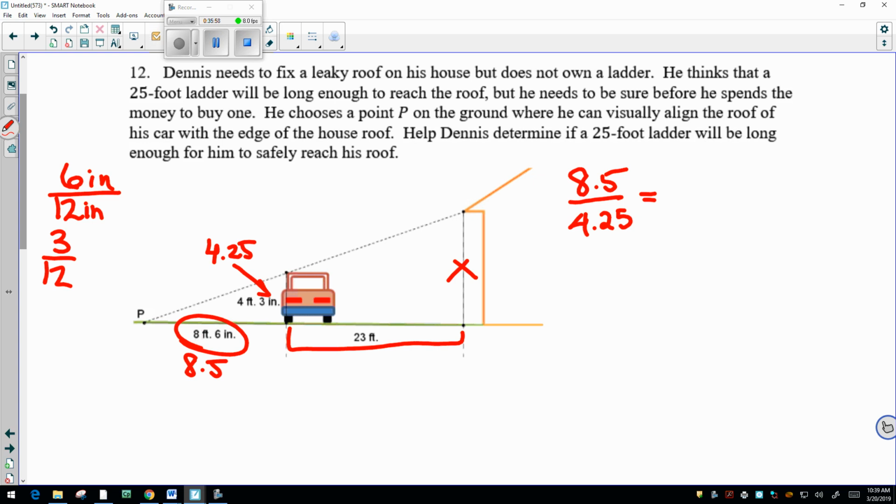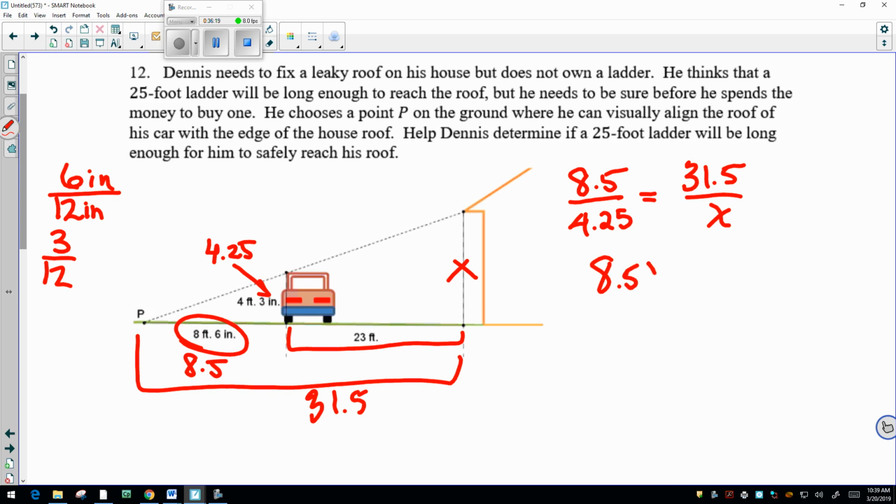So you could add. Okay, so I need this whole length here. How big is that whole length going to be? 31.5. Okay, so now let's go again. So we had 8.5 over 4.25 is equal to 31.5 over x, and we can cross multiply and solve this. So we get 8.5x. If we do 31.5 times 4.25, what do we get?